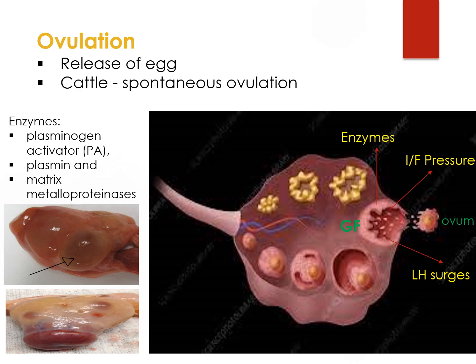LH hormone is released by the anterior part of the pituitary gland in response to the GnRH hormone. If you look at the right side pictures, the upper image shows the presence of a Graafian follicle or large antral follicle on the ovary, while the lower image shows the presence of a corpus luteum and small follicles on the ovary.